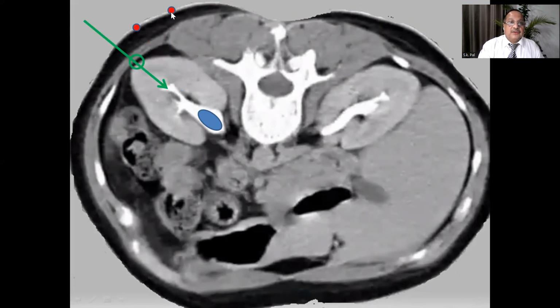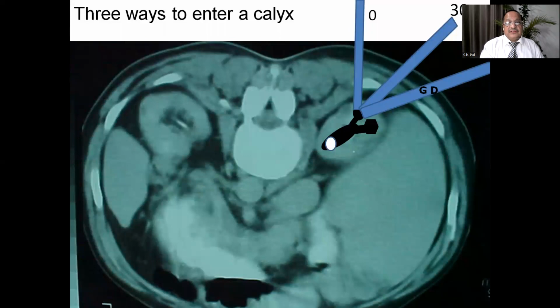You are not coming from 0 degree bullseye, you are not coming from 30 degree bullseye, you are starting 3 to 4 centimeter lateral, and then entering the convex border of the kidney through the Brodel's line and entering in alignment with the infundibulum, reaching it up to the renal pelvis. So these are the three ways to enter a calyx: bullseye 0 degree, bullseye 30 degree, and a gradual descent technique.